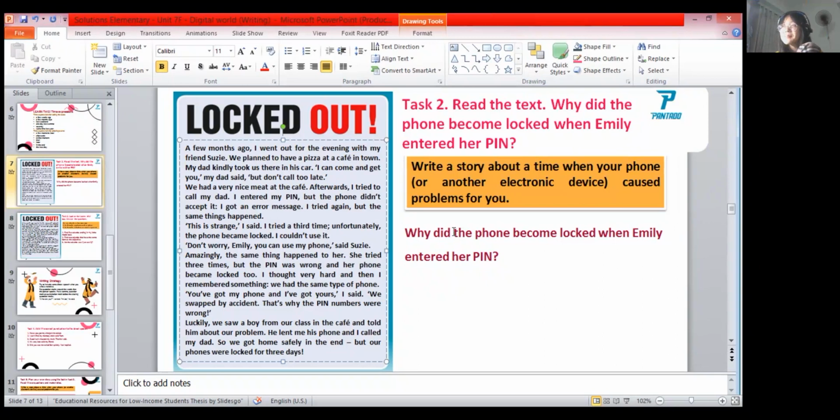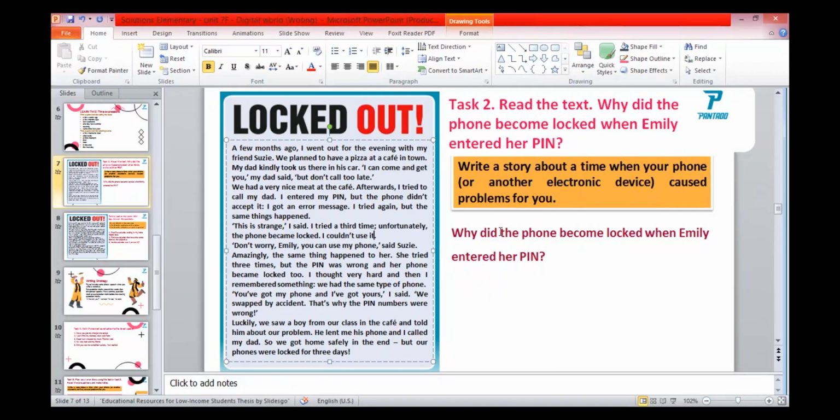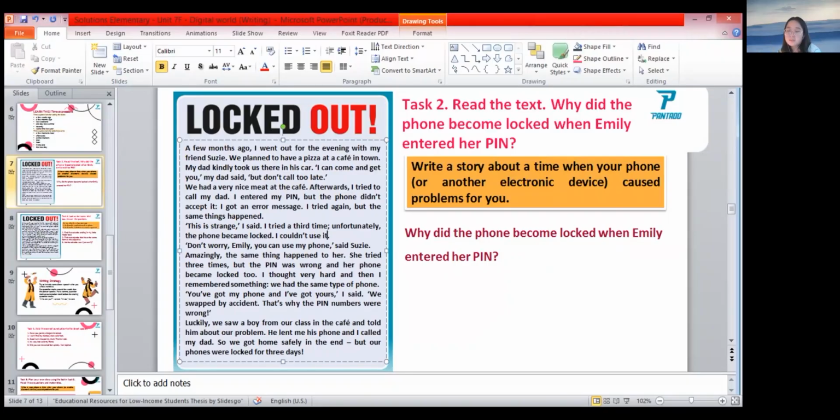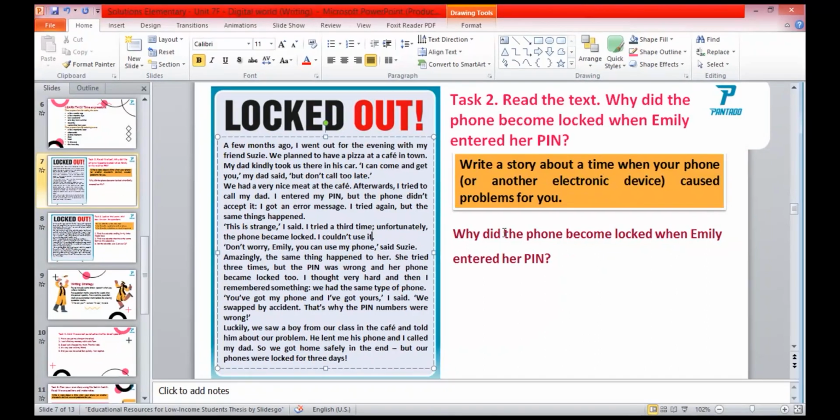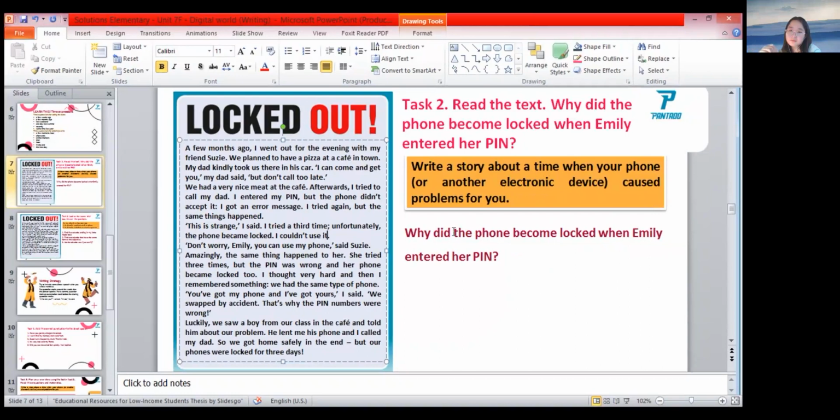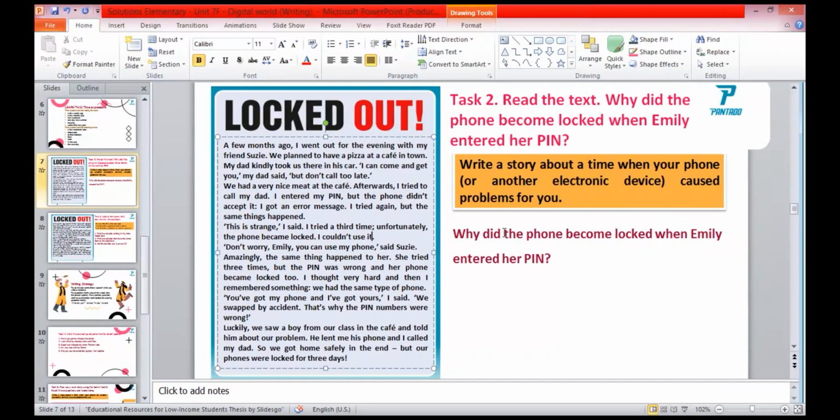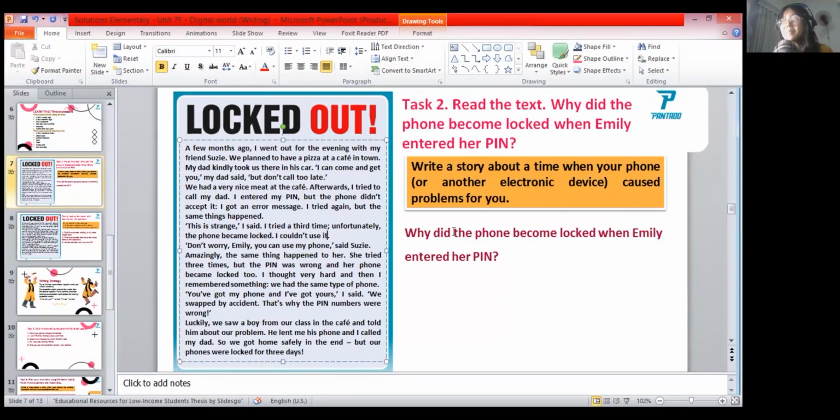Okay, so after reading the text, do you know the answer? Why did the phone become locked when Emily entered her PIN?